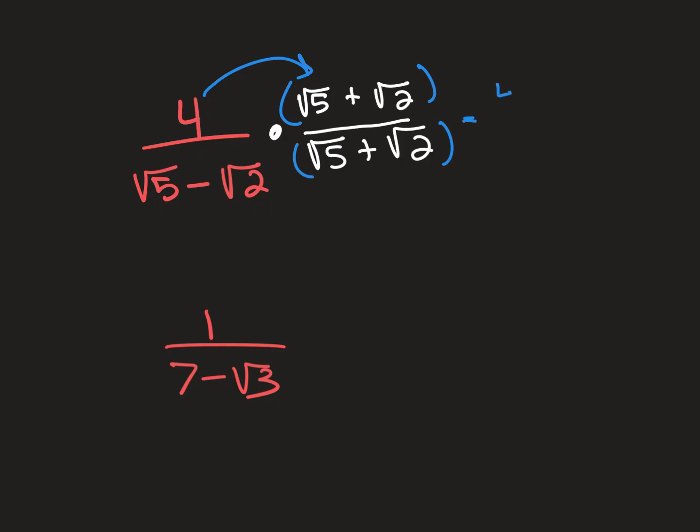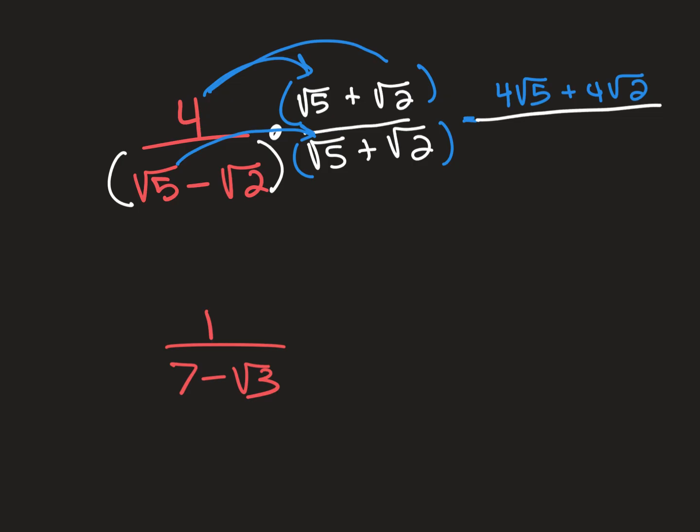So I get 4 square root of 5 plus 4 square root of 2 all over. And this is like a FOIL. So we have the square root of 5 times the square root of 5 is the square root of 25. Square root of 5 times the square root of 2 is the square root of 10.